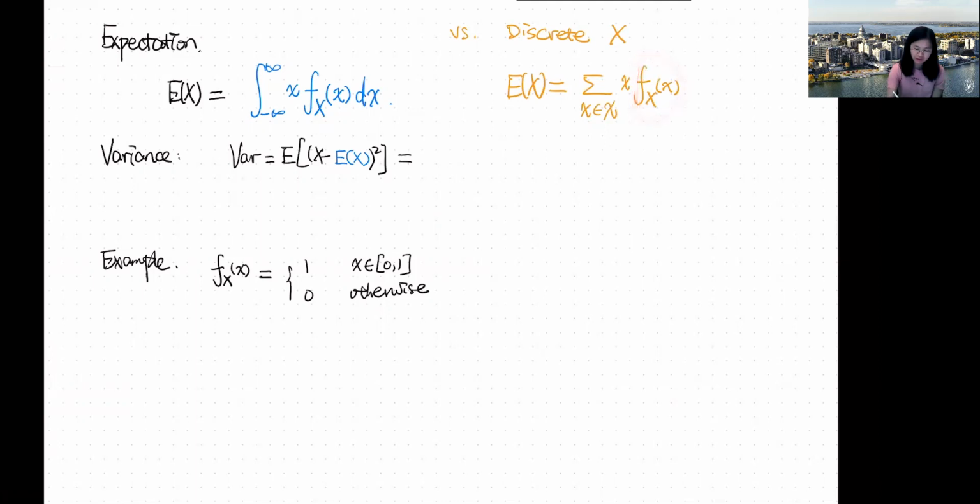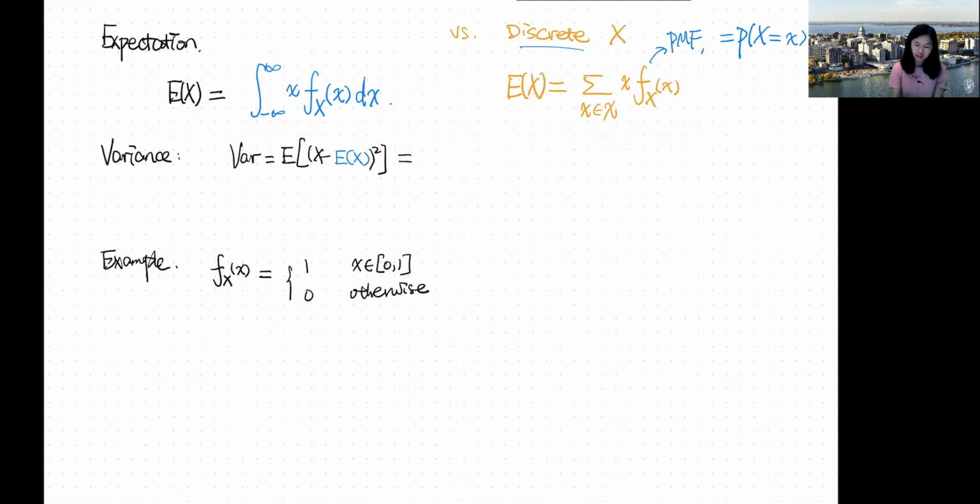This is the probability mass function, and it equals the probability that x equals little x in the discrete case. So as you can see, these two definitions are quite analogous.